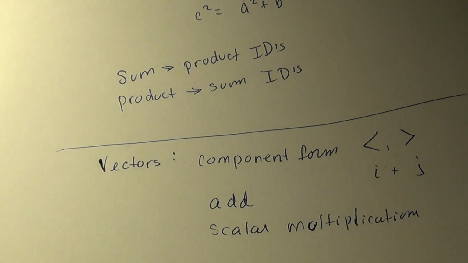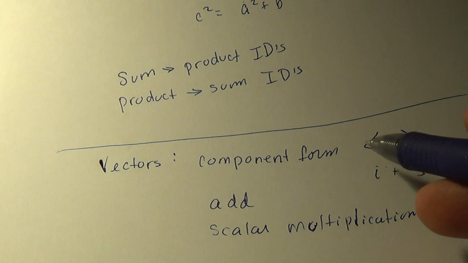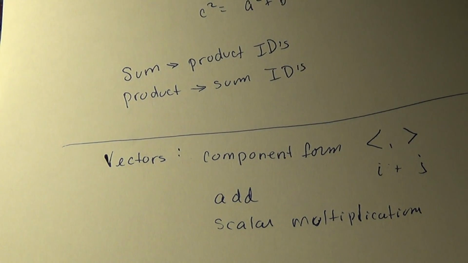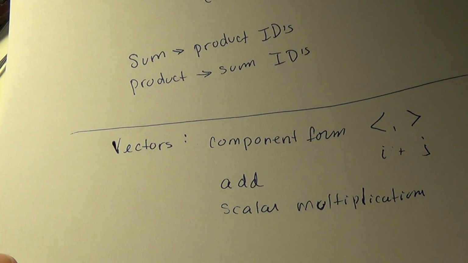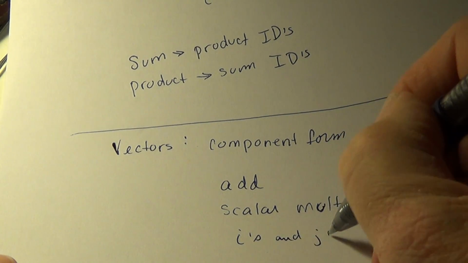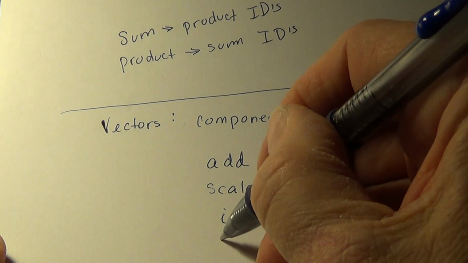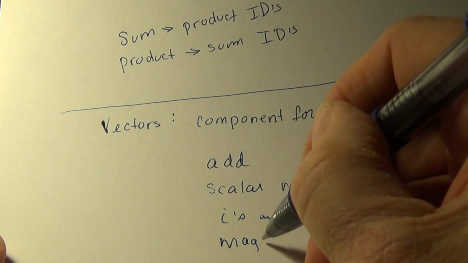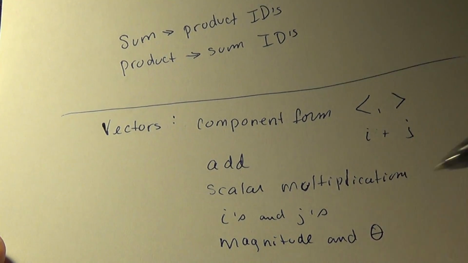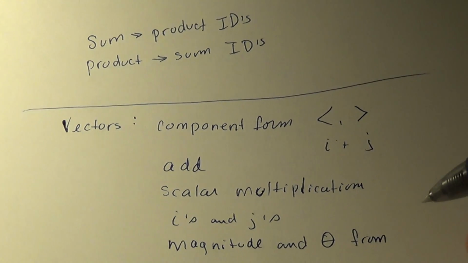And scalar is like a number, like 6 times this component. All right, so we did scalar multiplication. We worked with i's and j's. I already mentioned that. We found magnitude and angle from component form.